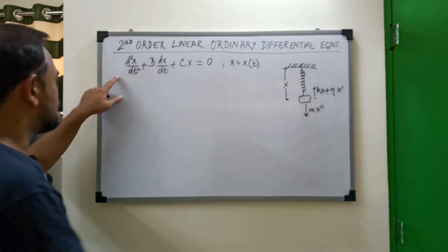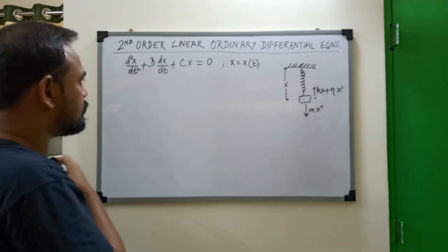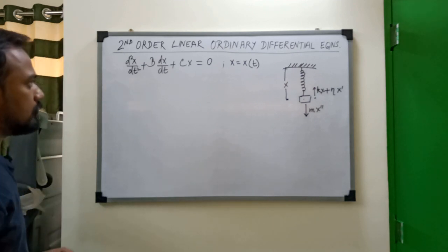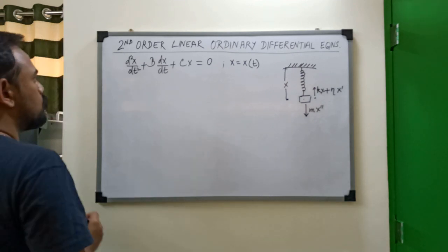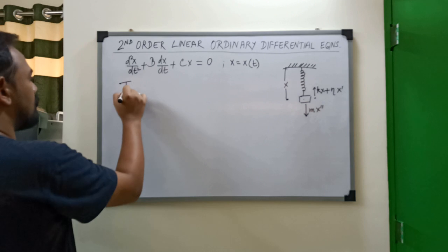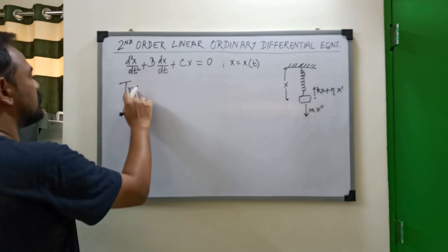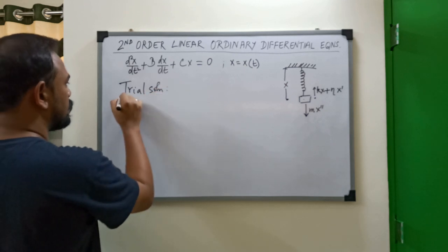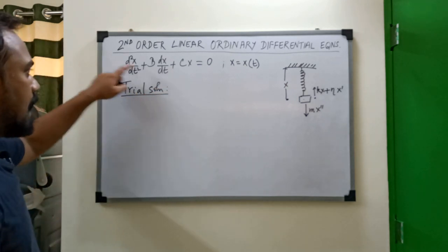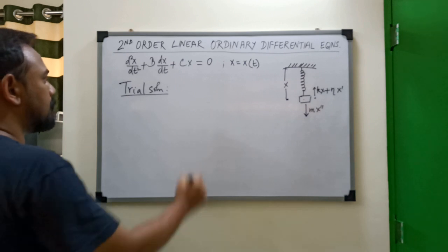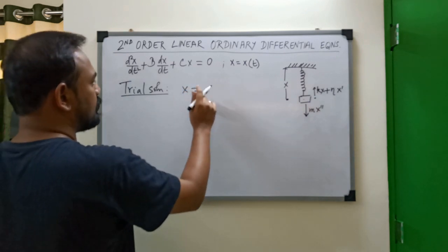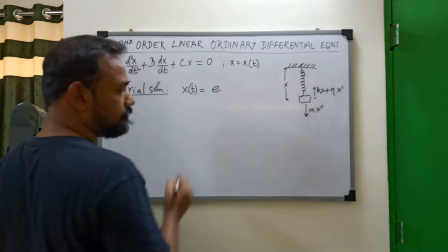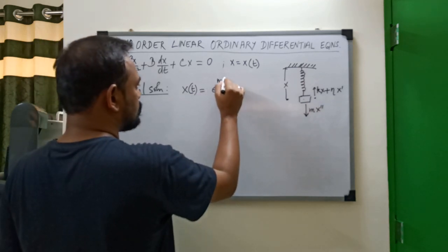The one thing that you can do, and one thing that has been tried and tested and it works all the time for this homogeneous second order linear differential equation, is that we try a solution which is called the trial solution. We don't know what x is as a function of t, but we try that x(t) perhaps is an exponential function e to the power mt, where m is some constant.